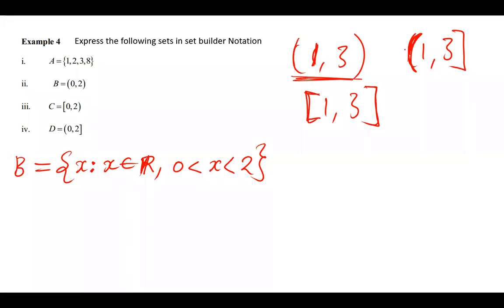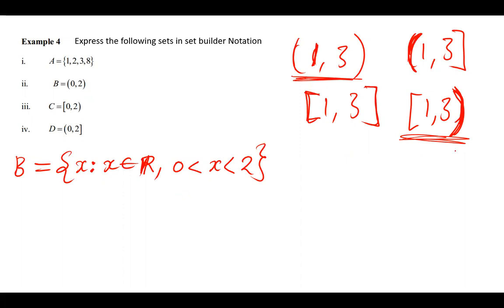All these three sets that I've written here are infinite sets. Same applies if I write like this, 1, 3. This implies that 1 is part of the set, but 3 is not part of the set. Whenever you see this kind of bracket, it means that the number where the bracket is, is not part of the set.